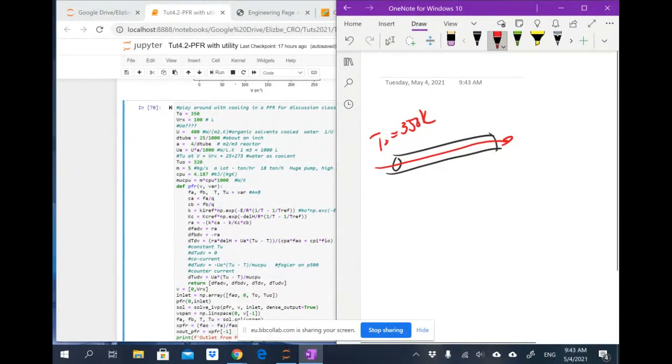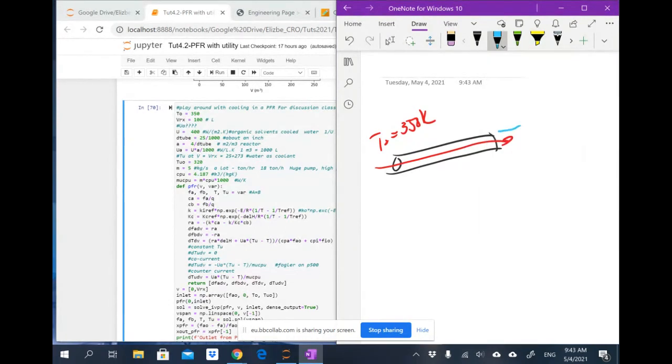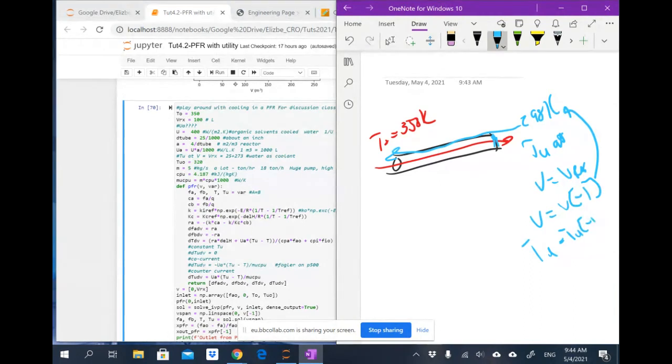And I know that my utility comes in on this side. So this comes in at 298 Kelvin. So this is TU at V equal to V_RX, where V is equal to V min 1. So the last integration step must give me a utility temperature. So I want that TU min 1 out.